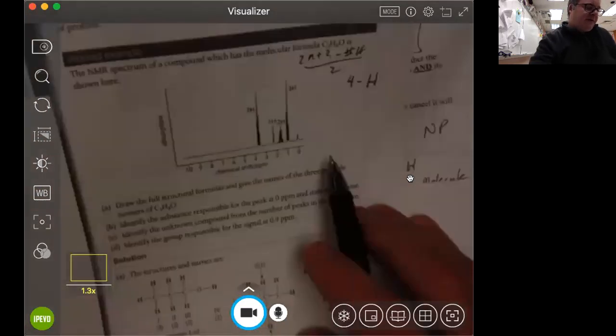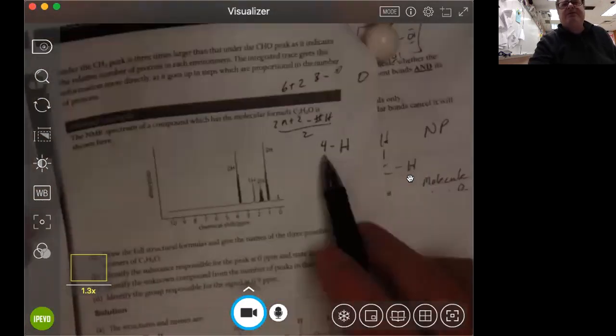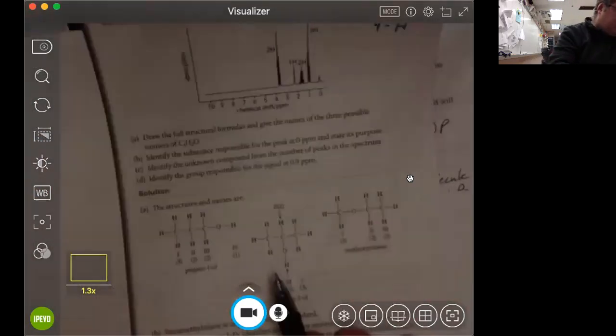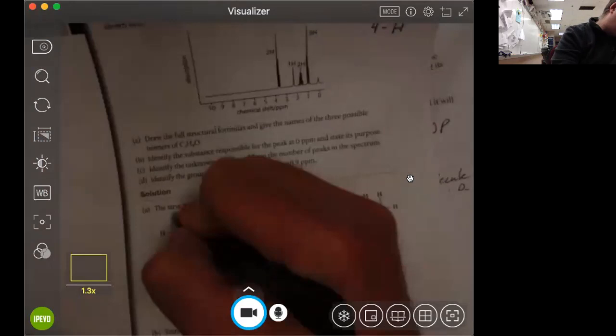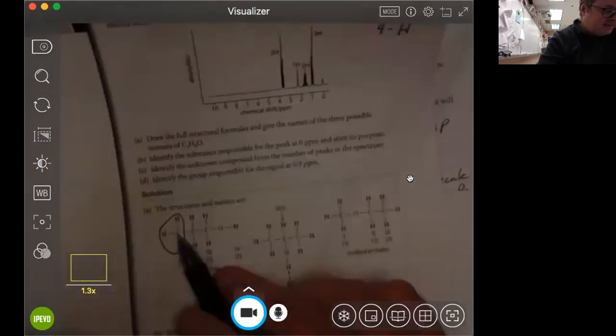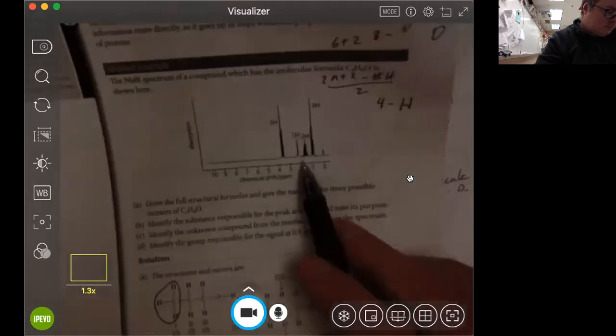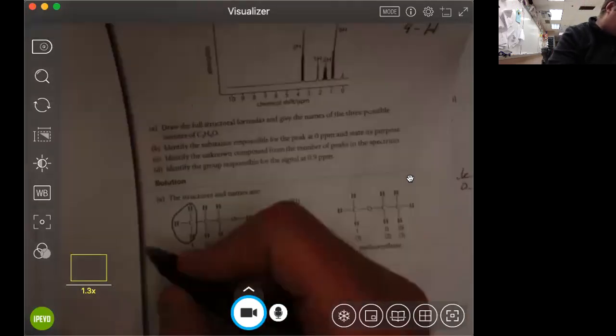Now, the fact that we have these four different things means we have four different types of H's as well, right? So every H right here is exactly the same. It's bonded to a carbon that's bonded to CH2. There is something called the spikes, and you see how these spikes are a little bit different? There's a rule called the N+1 rule.